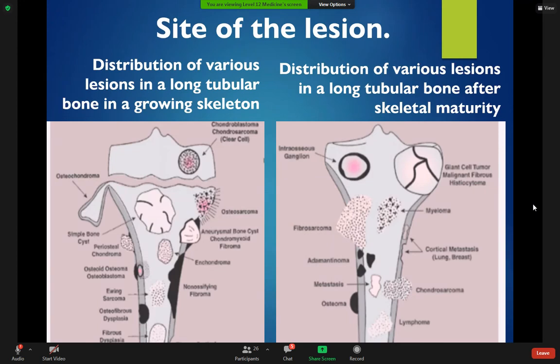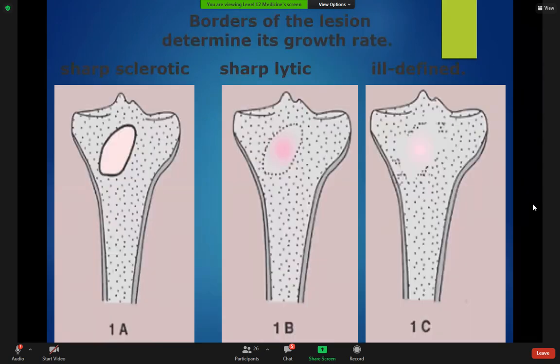This is a little bit advanced for you, but just to know that knowing the site of the lesion itself can help us a lot in determining what type of tumor. So the border of the lesions, again, is very important. If you have sharp sclerotic borders, most likely it's a benign tumor, with very clear edges.